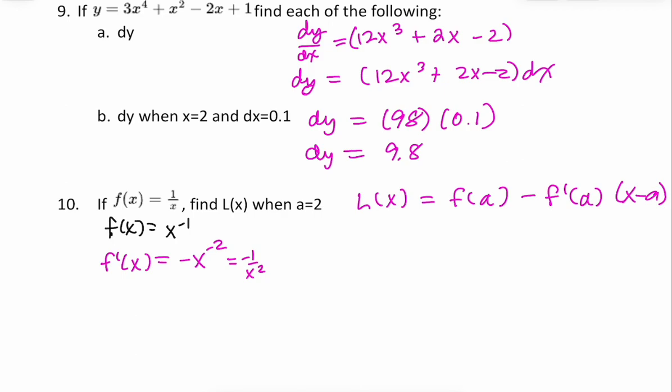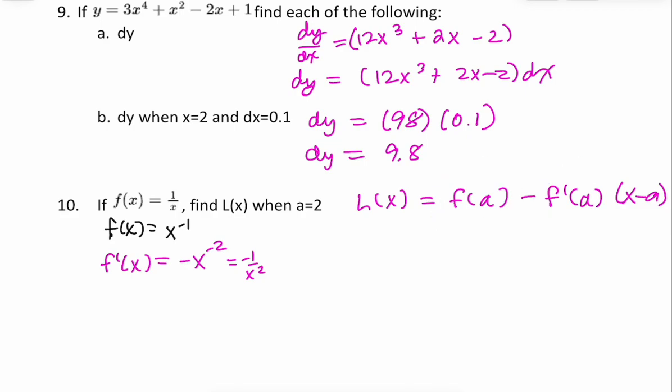Okay. When I'm doing these, this is what I do. I find those values next. So what is f of a? I'm going to plug in 2 into my original. So it's just 1/2. So that's the next thing I like to find.